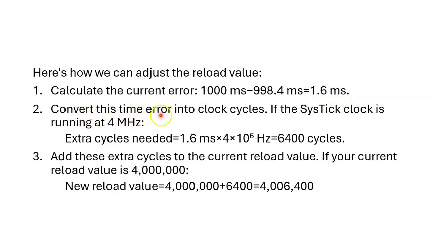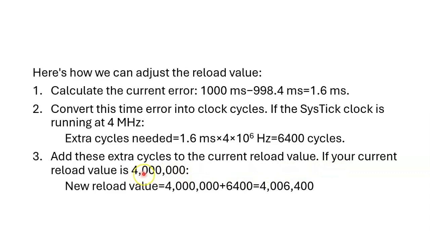Convert this time error into clock cycles. If the SysTick clock is running at 4 megahertz, as discussed earlier, the extra cycles needed would be 1.6 milliseconds multiplied by 4 megahertz. That will give us 6,400 cycles. Now, add these extra cycles to the current load value.